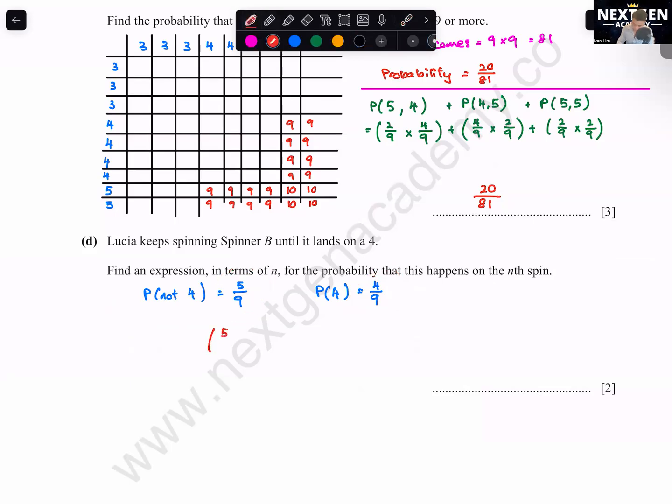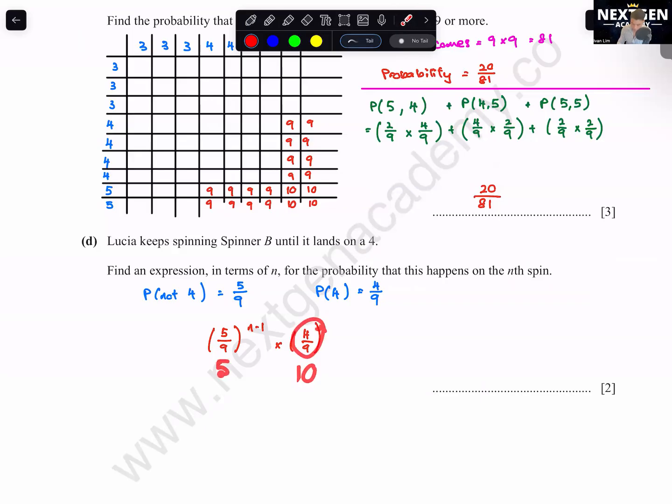We're going to write it as 5/9 to the power of n minus 1, multiplied by 4/9. Because you see here, I get 4 on the nth spin. They say until it lands on the 4. That means on the 10th time only I will get this.